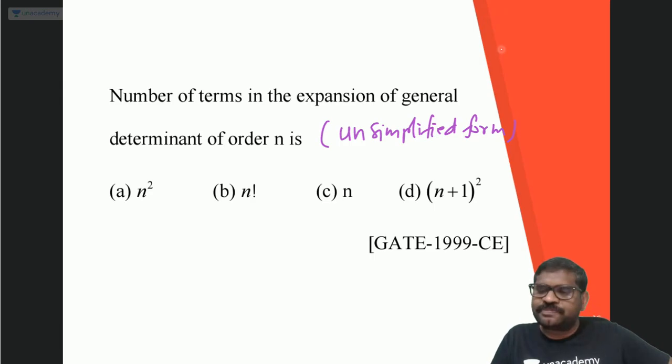Observe here. You need not take 10 cross 10 or n cross n. Just take simple 2 cross 2 and 3 cross 3. You can get the answer very easily.